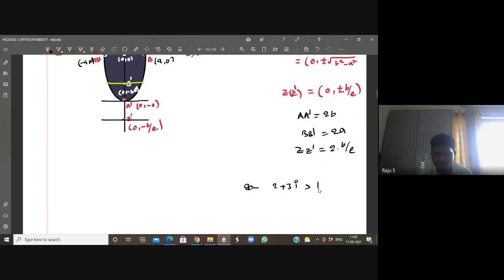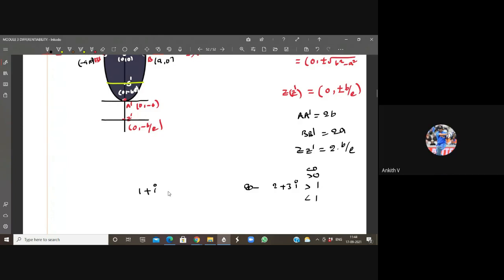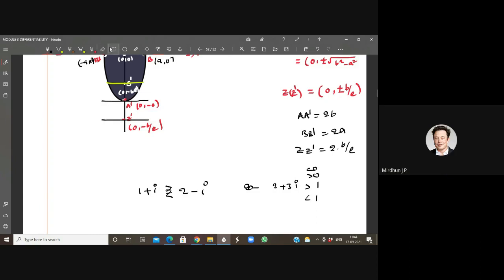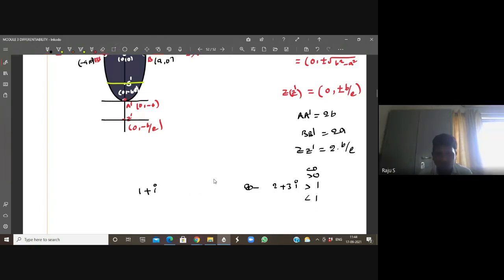Is it greater than 1 or lesser than 1, or greater than 0 or lesser than 0? Can you compare any imaginary value with a real value? Which is the highest, 1 plus i or 2 minus i? Can you compare? No, sir. A good question you asked.